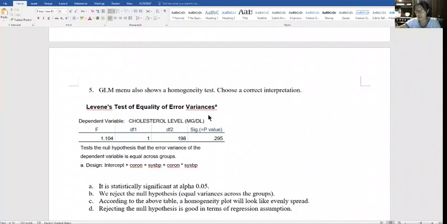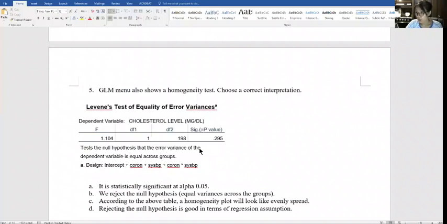Homogeneous, equal variance. Here, the equal variance assumption is satisfied because the null hypothesis is that, and this is not rejected because the p-value is larger than 0.05. So that means this null hypothesis is not failed. It's actually a good one.